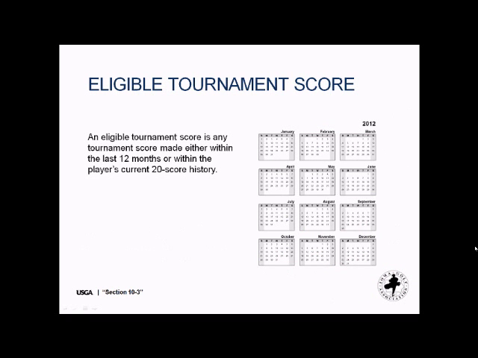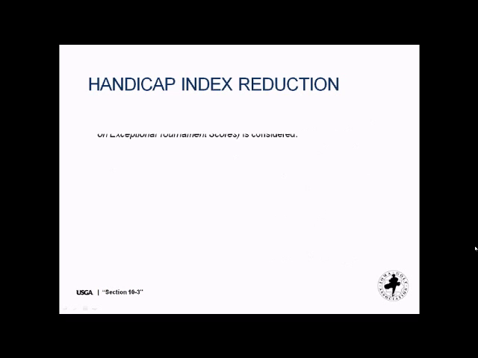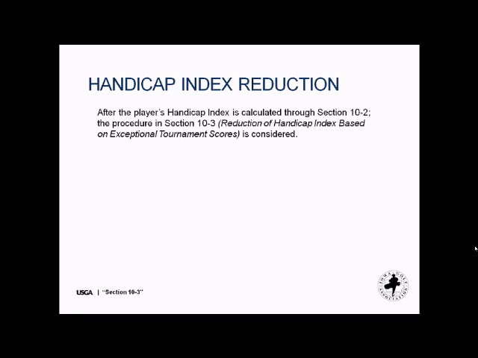An eligible tournament score is any tournament score made within the last 12 months or within the player's current 20-score history. After the player's handicap index is calculated through section 10-2, the procedure we just covered, 10-3 is then looked at, which is the reduction of a handicap index based on exceptional tournament scores.